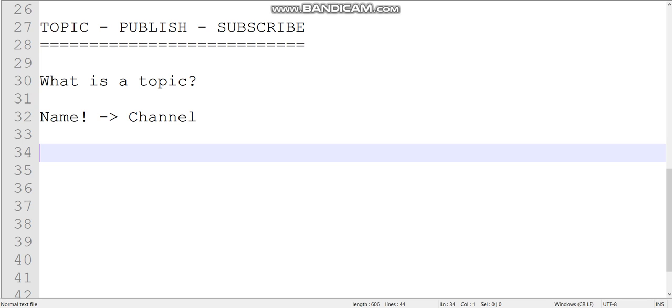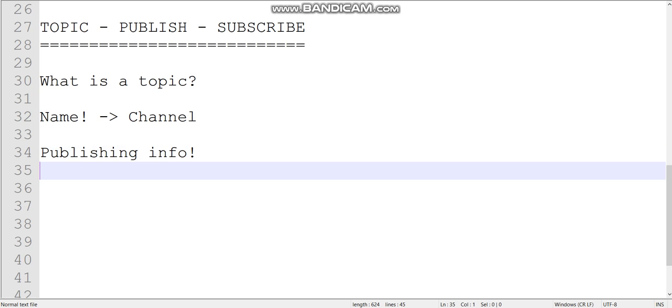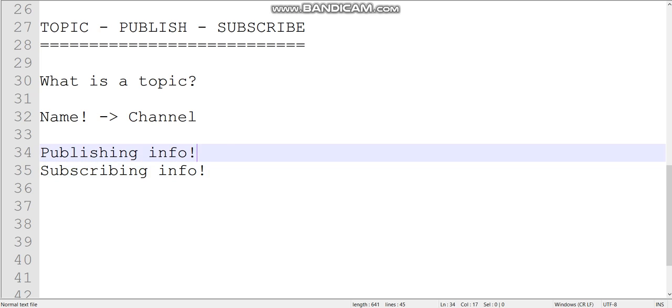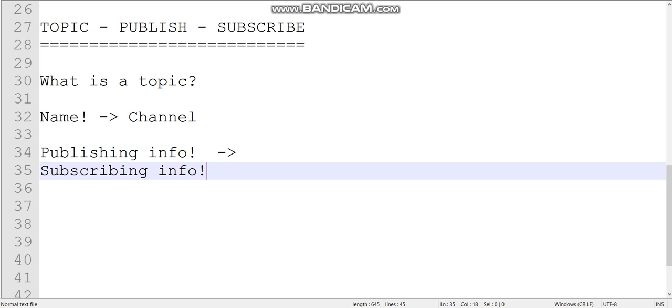But what happens in the backend? When I have a topic, there are two things that are associated. One is publishing, and the second one is subscribing. So when I say publishing, what do I mean?